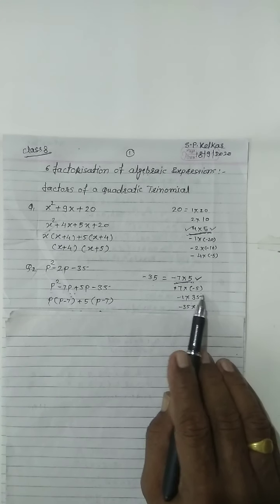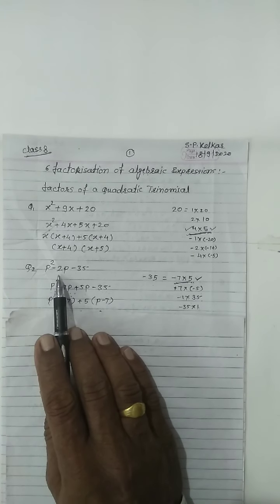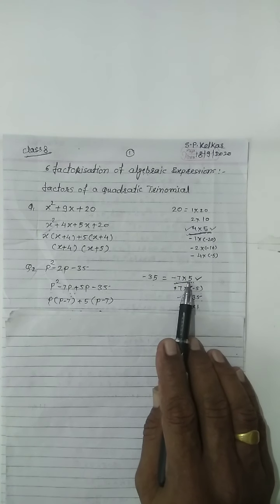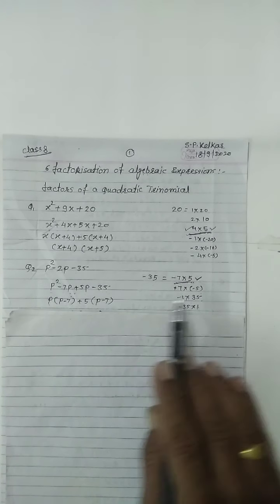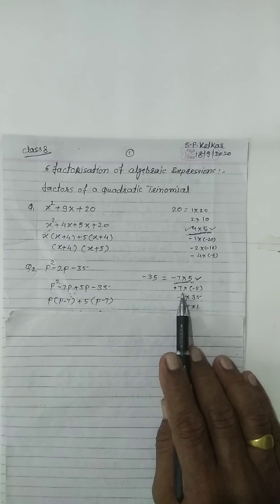also 7 into minus 5 is again minus 35, but we want the sum to be minus 2, meaning the coefficient of the middle term is minus 2. Now if we take minus 7 plus 5 we get minus 2, but if we take the other arrangement, 7 minus 5, we get plus 2.